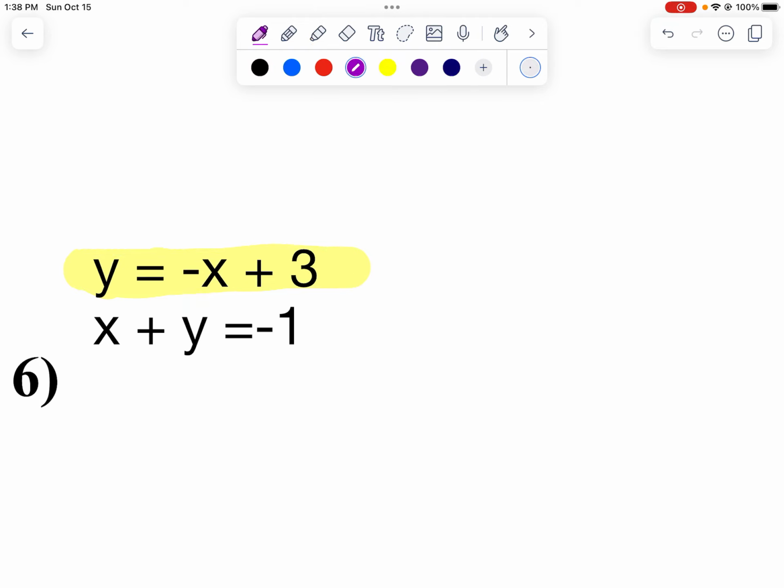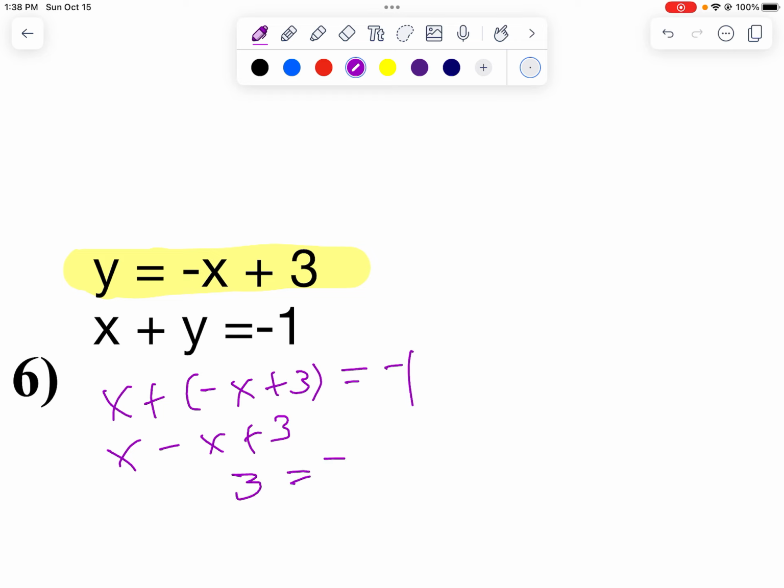So then we're going to say x plus negative x plus 3 equals negative 1. Well, I'm not distributing anything, so it's x minus x plus 3. Notice my x's cancel, so I get 3 equals negative 1. Just like the last problem, that's going to be a no solution problem.